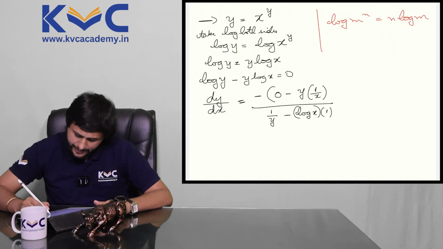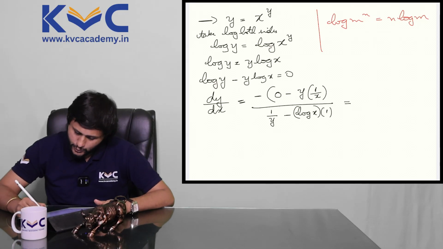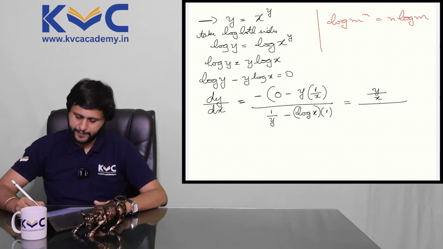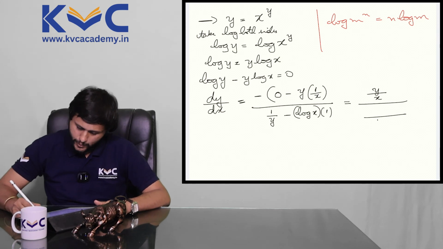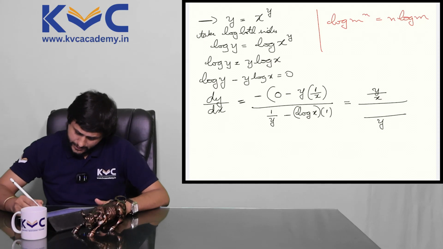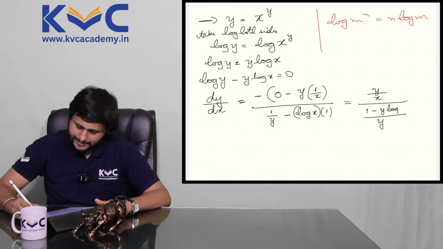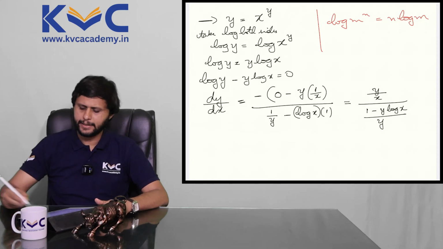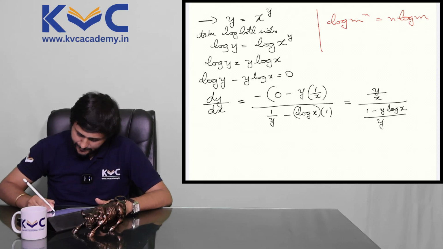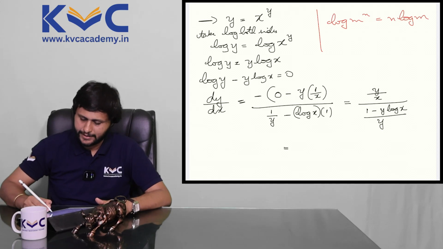If I still have to simplify, minus and minus sign gets cancelled, which is there inside the bracket. So we get y by x all divided by, let's take LCM here. We have y, we get 1 minus y log x. Correct? Simplifying further. Now you know we have to take reciprocal.